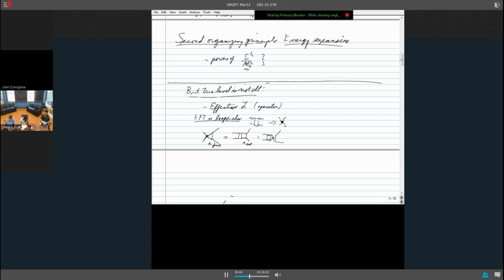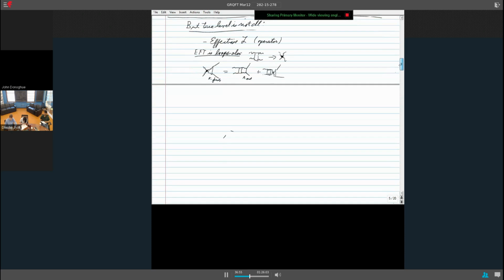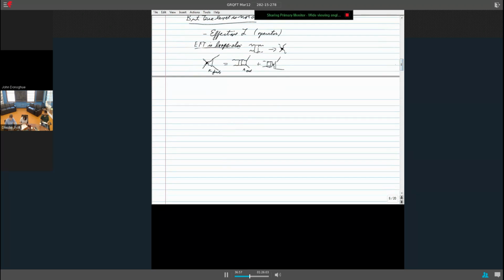And in fact, in this particular case, there's no extra work done, since it's finite and both sets of diagrams are finite, you get the same answer using either the effective Lagrangian or doing the full two loop diagrams. And which would you rather do? We've got this pretty simple effective Lagrangian.